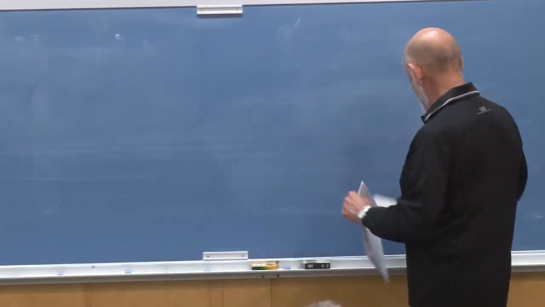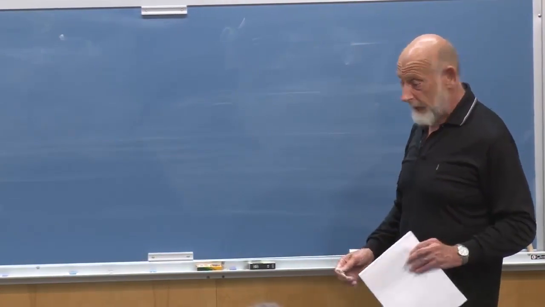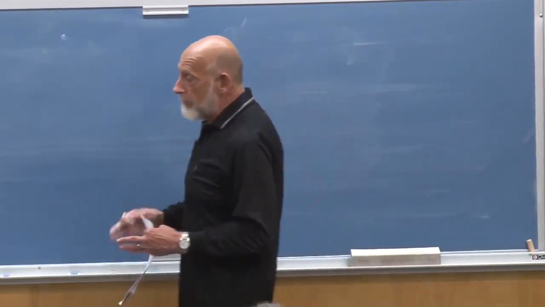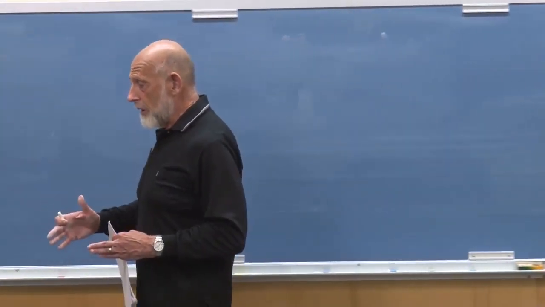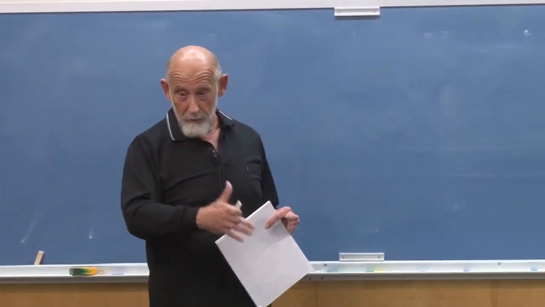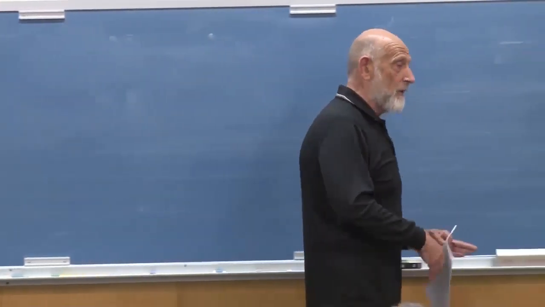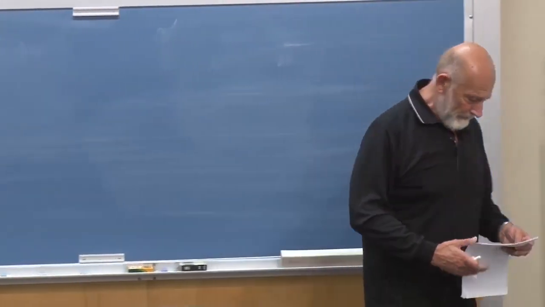Before doing that, let me put over here, right in the corner, the concept of energy in classical mechanics. The concept of energy becomes important when the Lagrangian is invariant under time translations, T goes to T plus a constant. In other words, when the answer to a question doesn't depend on the time that you start the experiment.